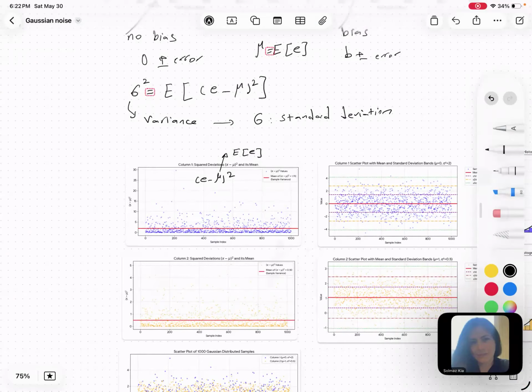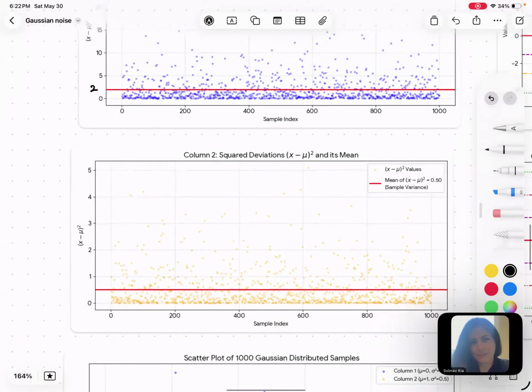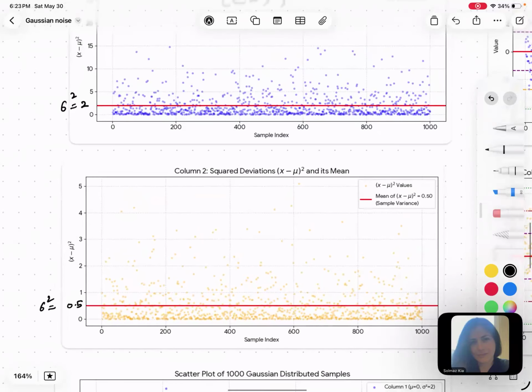And if I look, the average value in this case, let's see, it's 2 actually. Other sensor, this is 0.5. So this is the sigma 2. Okay. So this is going to be the 2 values that we have.